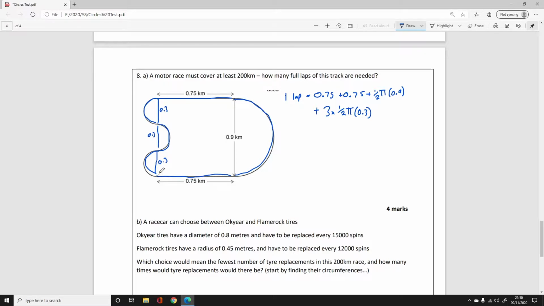So we're adding the 2 straight bits of 0.75 each, we're adding 1 big semicircle and 3 little semicircles. So if we put it all together, we'll get 1.5 for the 2 flat bits, we'll get 1.414 for the big semicircle, and we'll also get 1.414 for the 3 little circles all added together.